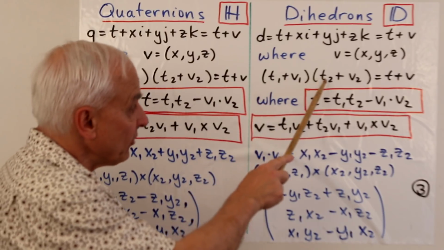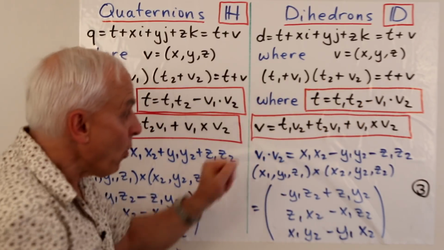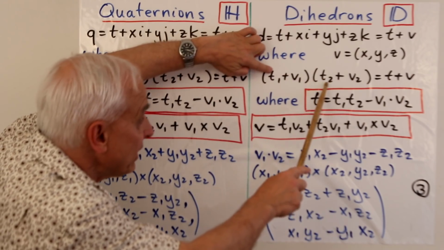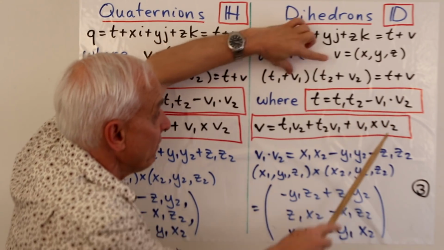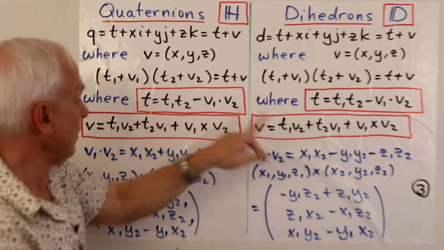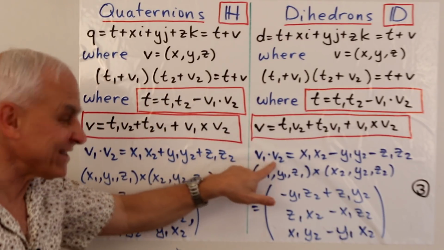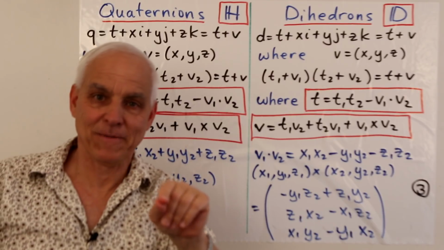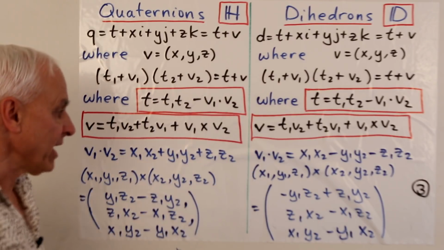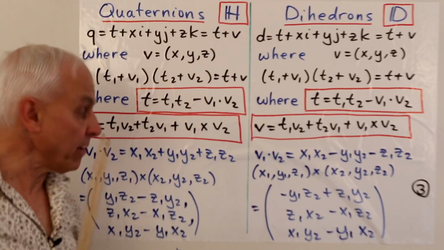t1 plus v1 times t2 plus v2 equals t plus v, where t equals t1 t2 minus v1 dot v2. Oh, that's the same formula as that one. But crucially, the dot product is different. It's not the same dot product. It's a relativistic dot product.